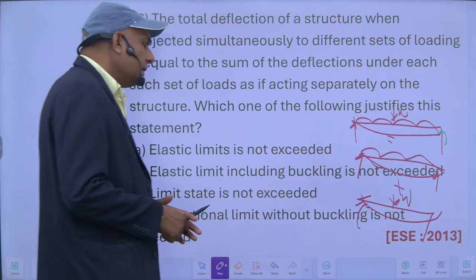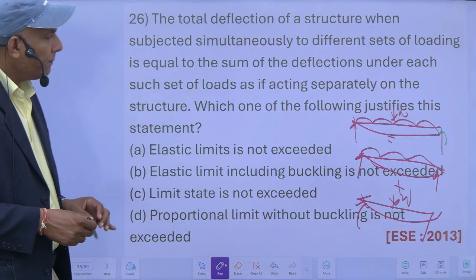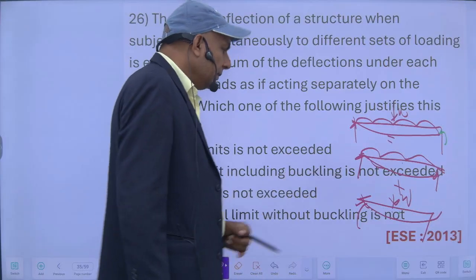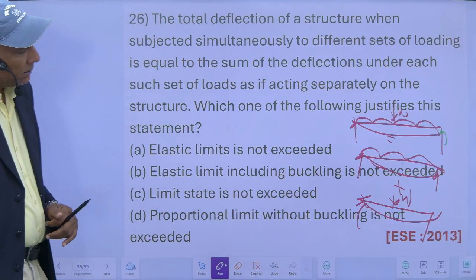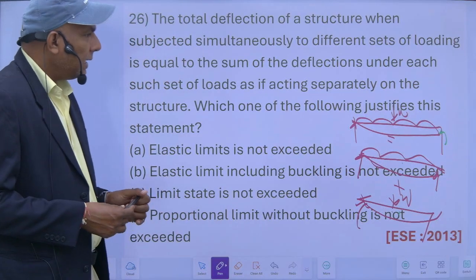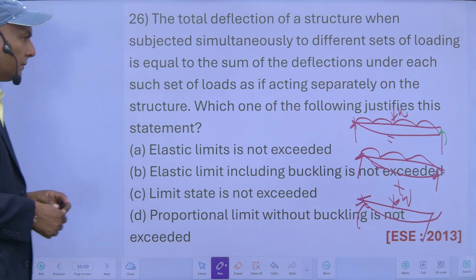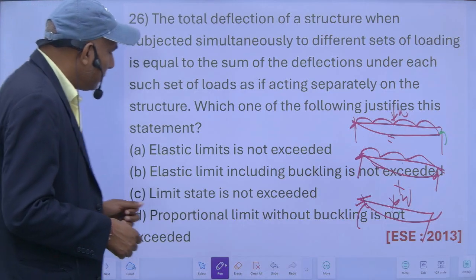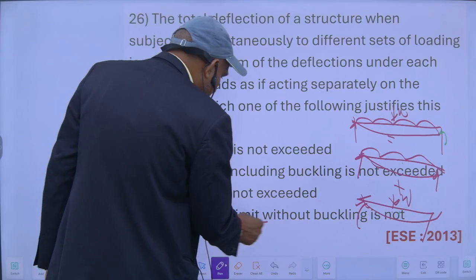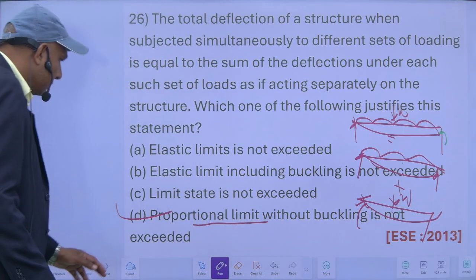So this is basically the principle of superposition, and the principle of superposition is dependent on Hooke's law. What Hooke's law says is that stress and strain are proportional to each other within the proportional limit. So this is basically Hooke's law. So proportional limit without buckling is not exceeded. This is the right option.